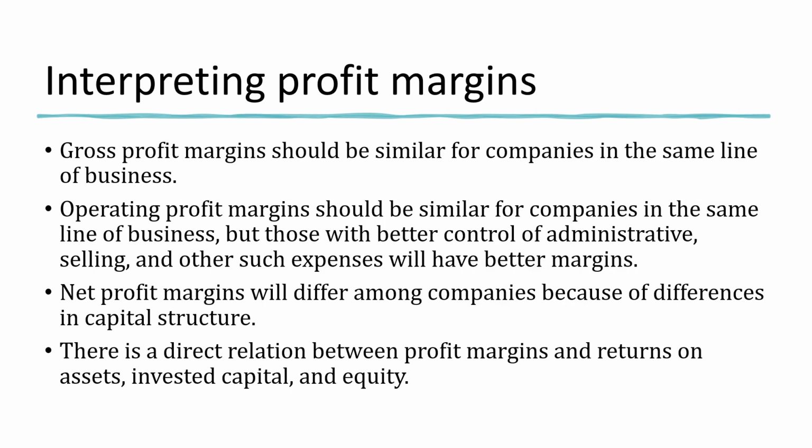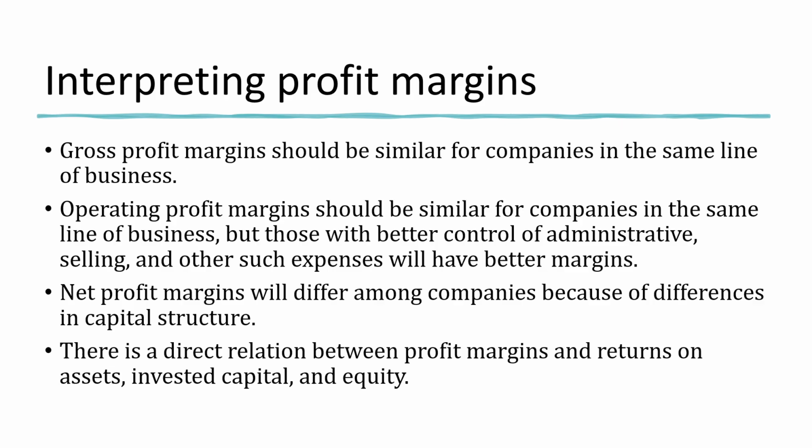So, when we interpret a profit margin, we have gross profit margin. These should be similar for companies in the same line of business. Now, some firms, say manufacturing firms, some may be more efficient than others. But there's only so much efficiency you can get to really differentiate yourself from another firm.